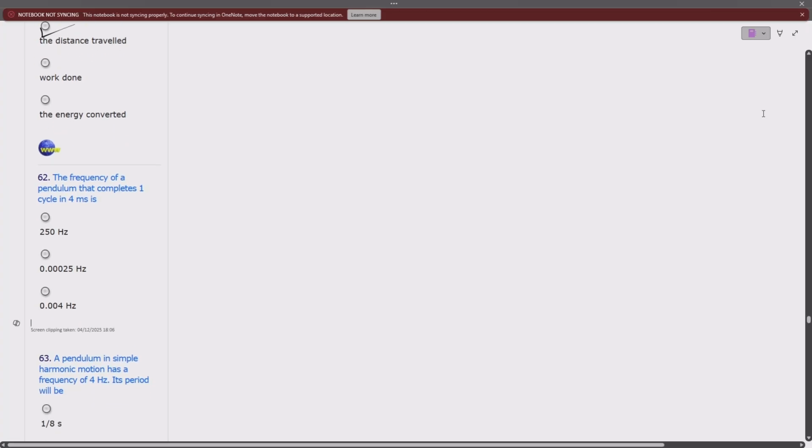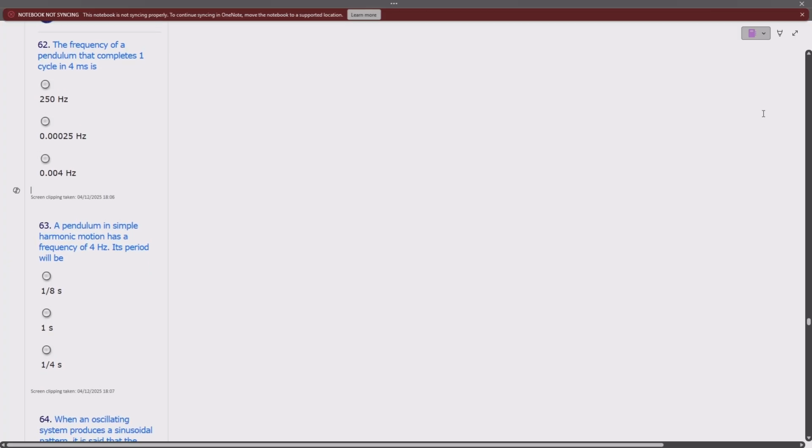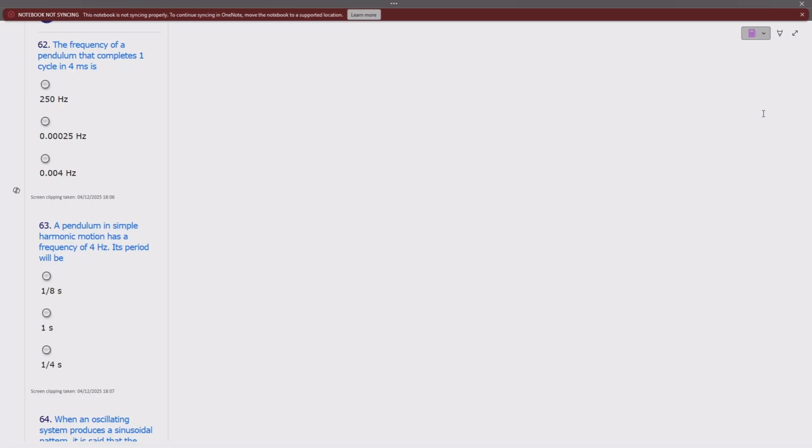Alright, number 62 says the frequency of a pendulum that completes one cycle in 4 milliseconds. So you have frequency equals cycle over time. So you have 1 divided by 4 milliseconds.